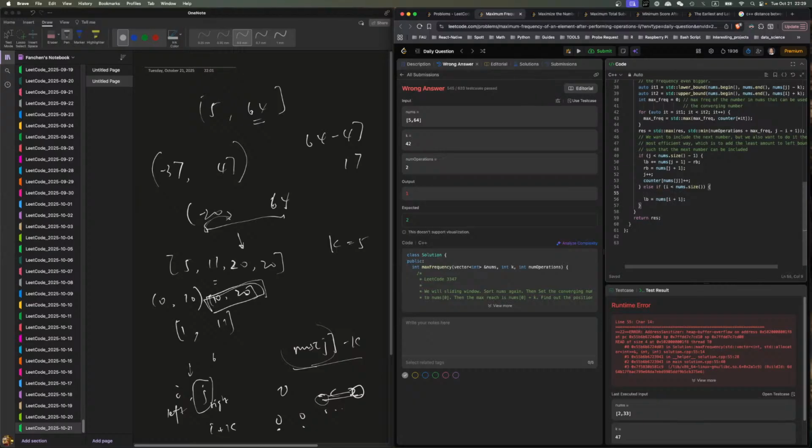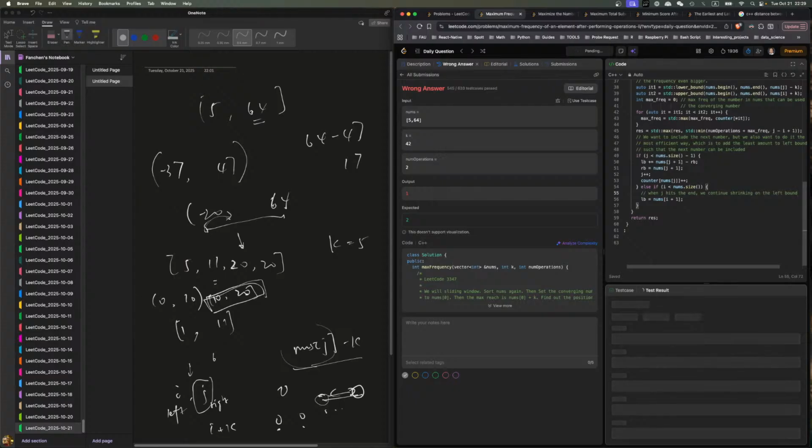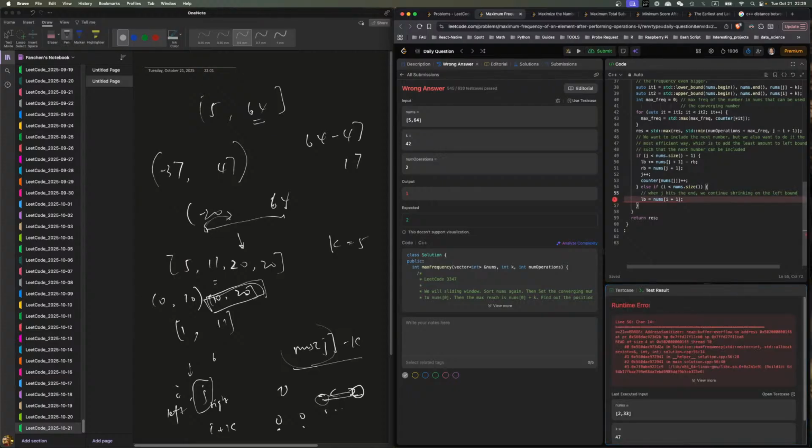This is when j hits the end, we continue shrinking on the left bound. Oh, my bad. This is get the next one, so it actually should be n minus 1.